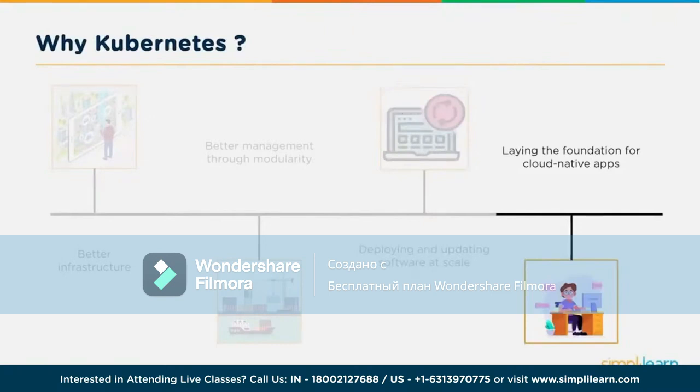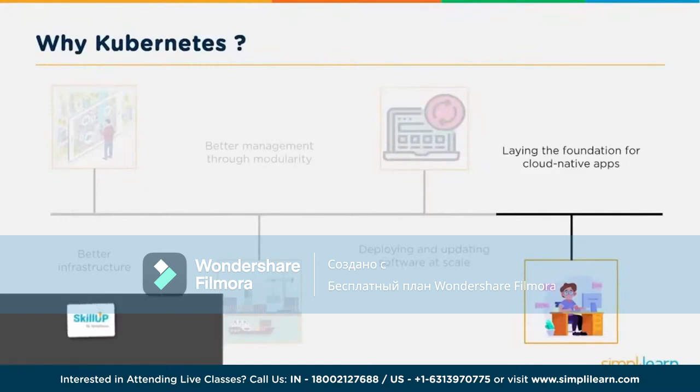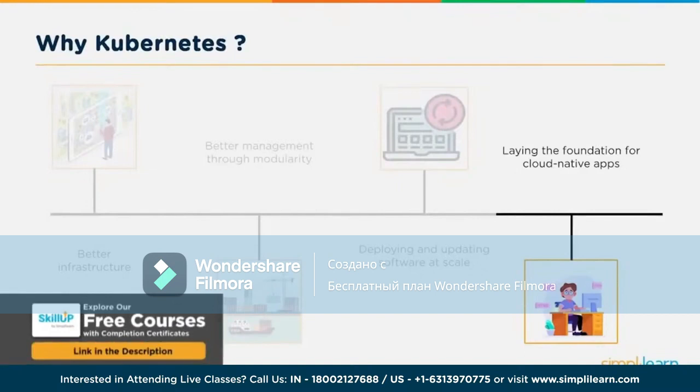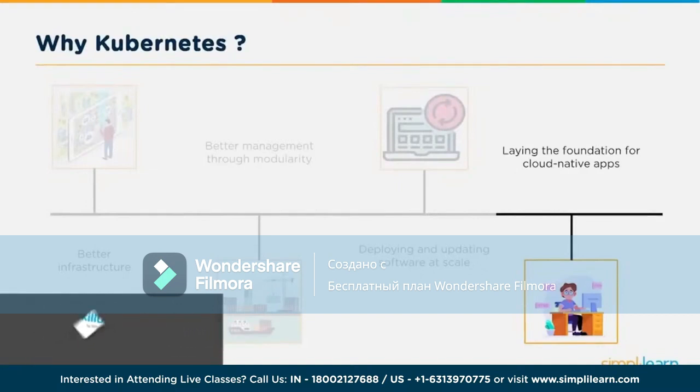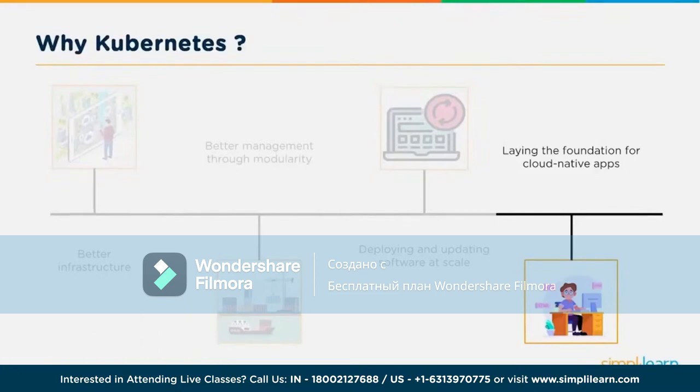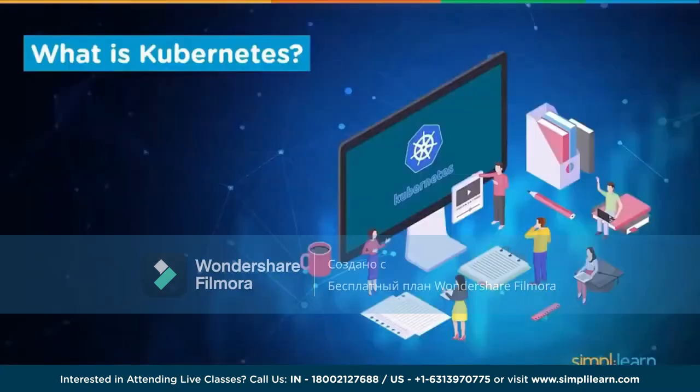Part of this comes from the architecture and history of Kubernetes, which we'll get to in a little bit. But it's good to know that as you're using Kubernetes and containerized solutions, you're really building out an infrastructure that's designed for cloud-centric solution delivery. So let's dig into what Kubernetes is.